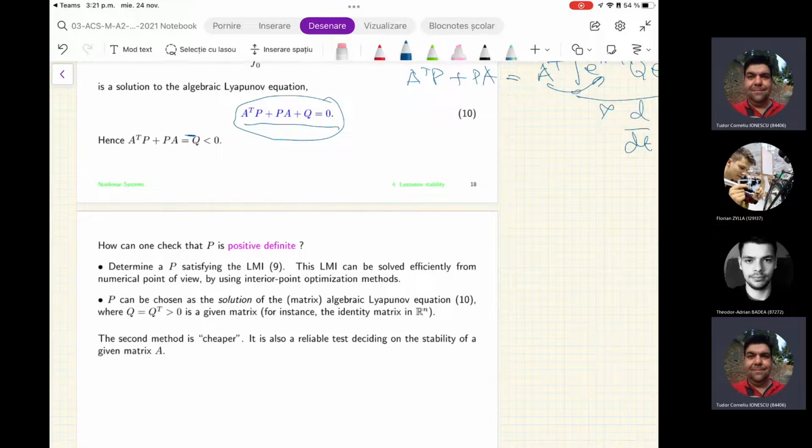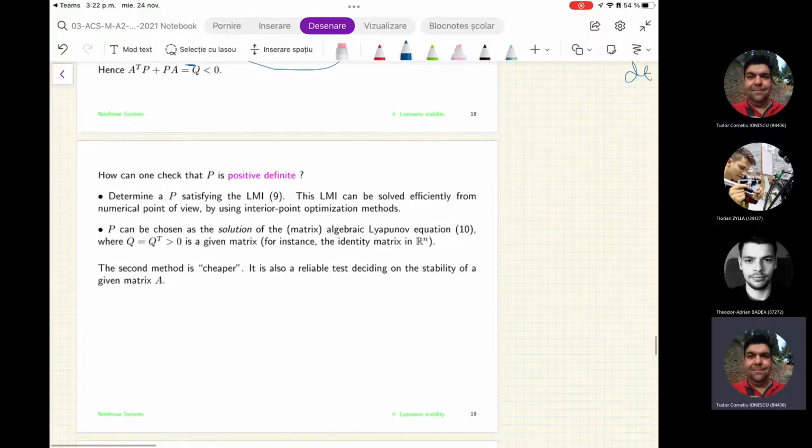So numerically, when MATLAB is checking the stability of a linear system, you can check that it isn't using eigenvalue computation and Schur form and all this complicated stuff, but it's checking this LMI.